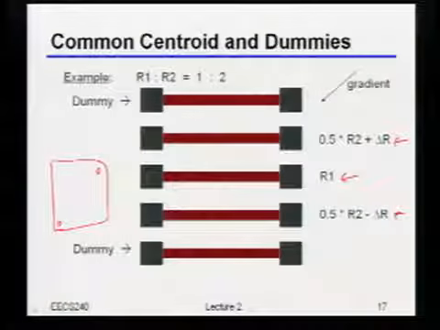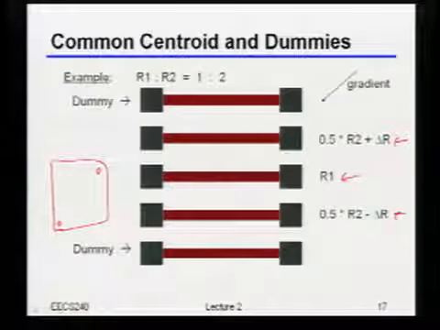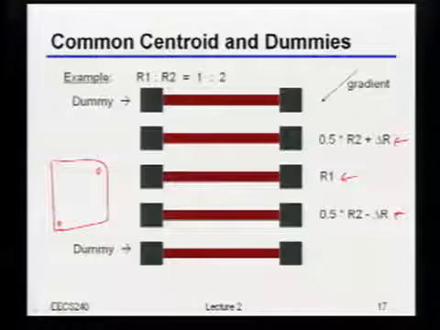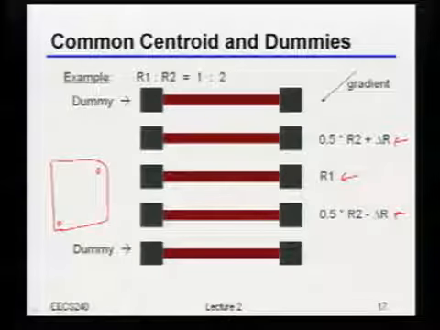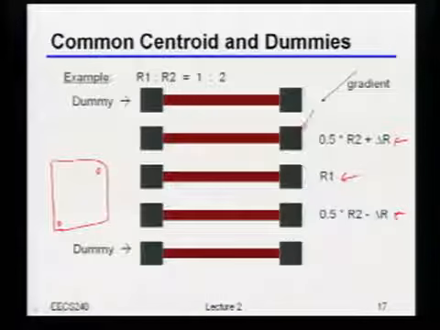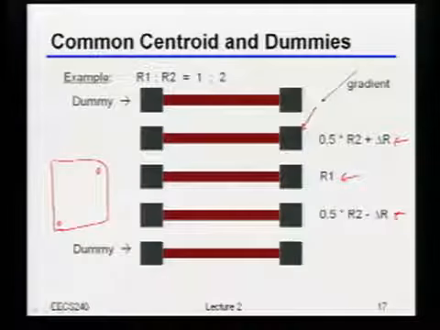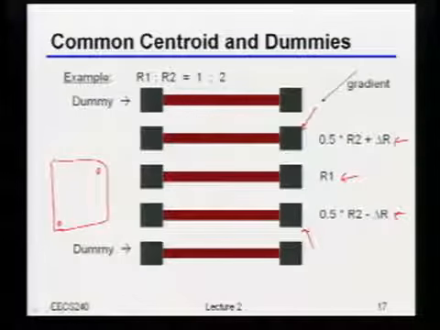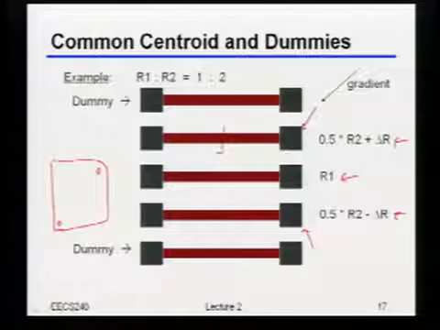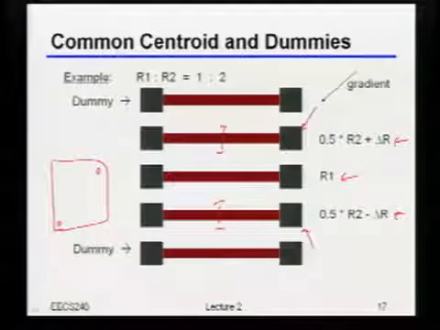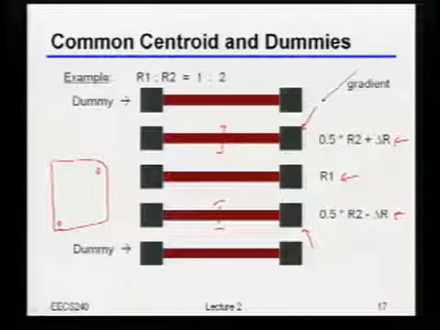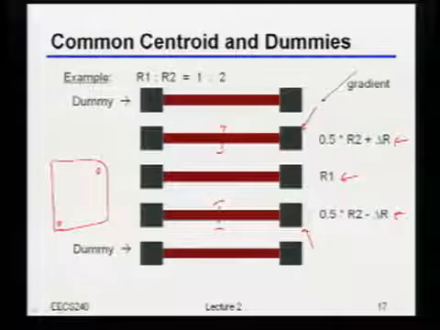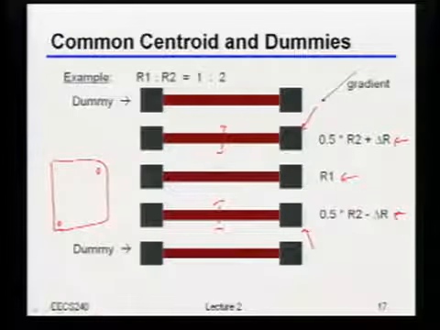By placing them symmetrically around the center point, what you can see here is that if I have any spatial gradient in the xy direction, whatever error it causes on the top guy, it'll cause the negative error on the bottom guy. So that if I add the resistance of this piece with that piece, it will indeed have double the resistance of what I wanted before. Okay? Of the center point, I should say.